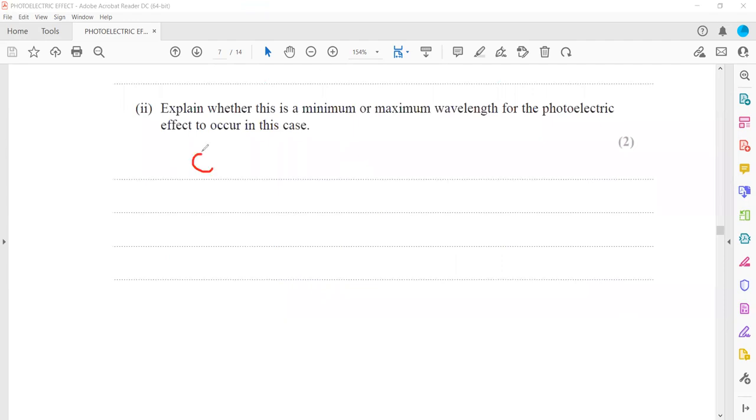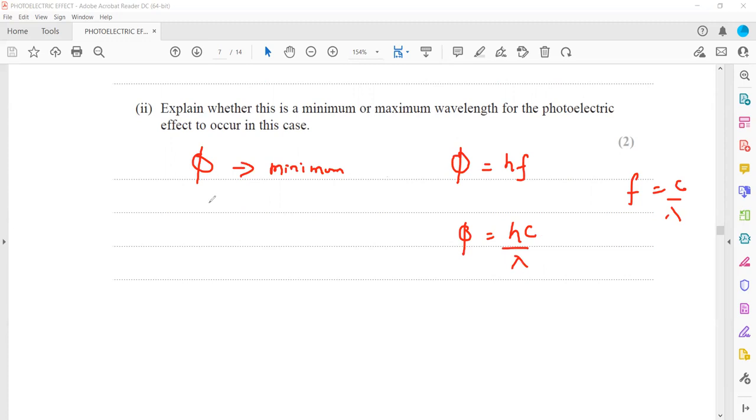The work function phi is the minimum energy needed to remove an electron, and it can be written as hf, because if the energy of the photon is equal to the work function, we can say hf. Since frequency is c divided by lambda, phi is equal to hc over lambda.